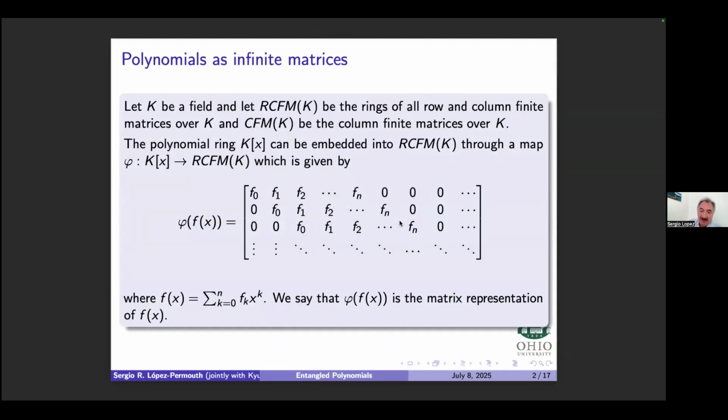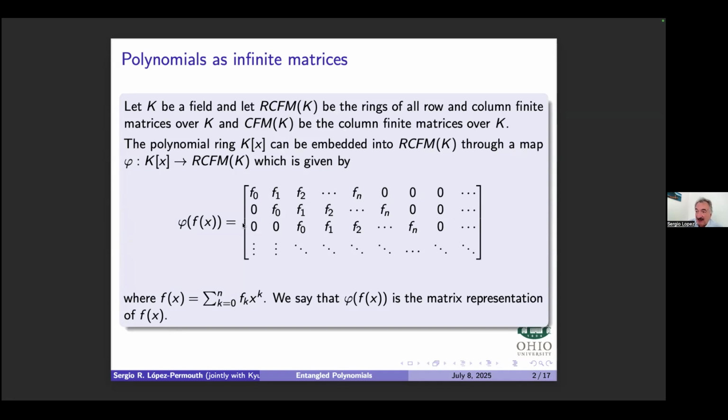So a motivation is that you can think of polynomials, just regular polynomials in a single variable, as infinite matrices. You take a polynomial, f0 plus f1x plus f2x squared, and so on, and you put the coefficients in the first row. So this is a finite row. After a while, you have zeros. And then you put the same coefficients in the second row, but you shift them to the right one spot.